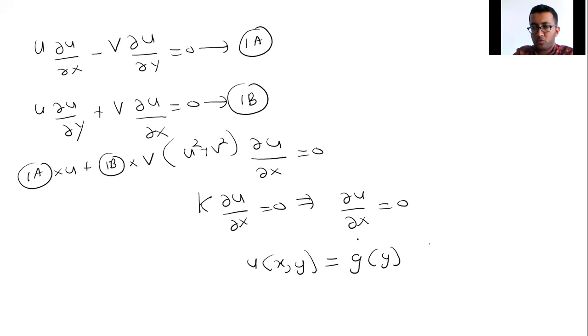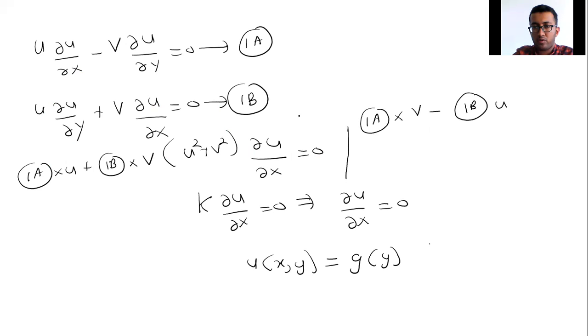So I think up to that point you have no doubts. So I proved that my function u is g(y), right? So I will do another simplification here. I'm going to multiply 1a by v, and I will subtract equation 1b multiplied by u, right?